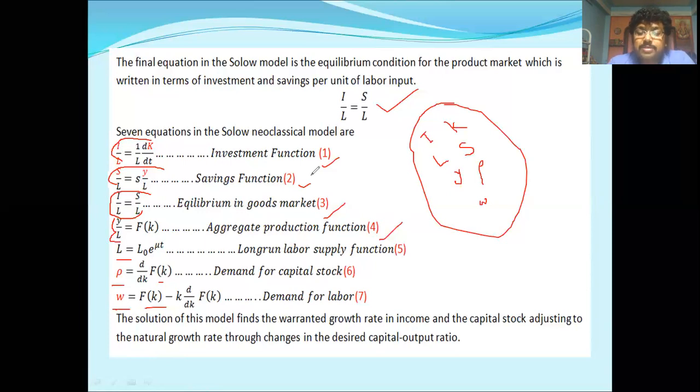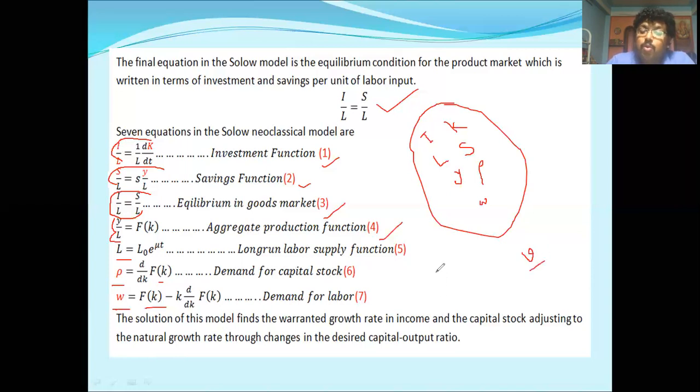So as there is an increase in the capital stock, there is an increase in the capital labor ratio, and there is an increase in the capital output ratio. Okay, there is an increase in the capital output ratio, and it was mentioned in the Harrod model.